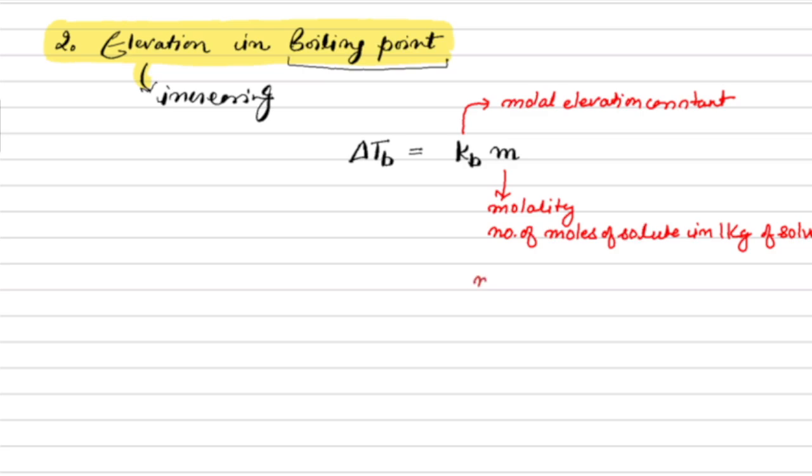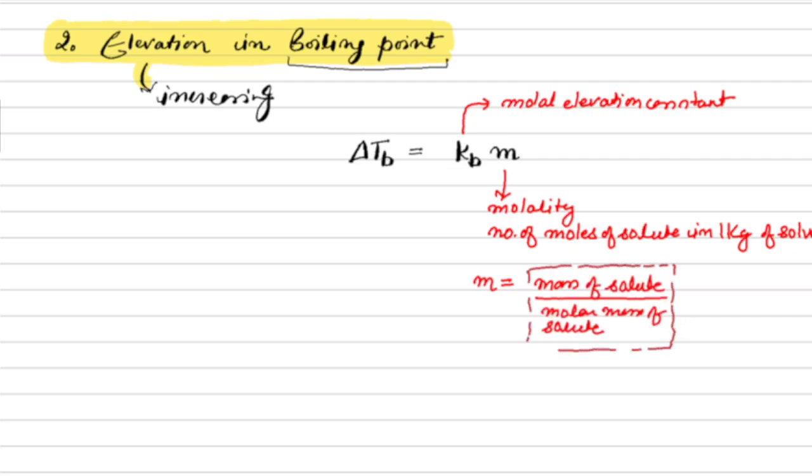So if we want to write the formula for that, it will be the mass of solute, whatever solute or however much sugar you have mixed. That mass of solute, you need to divide by the molar mass of solute. By the way, this particular thing is how we calculate the number of moles, right?